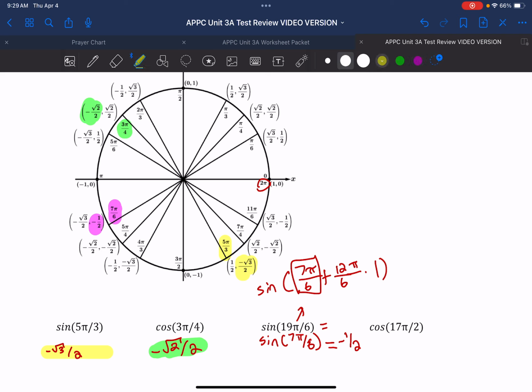Let me change it to yellow as pi over 2. Oh, and I forgot to highlight this one to match. So if I'm looking at this, it's the same thing as cosine of pi over 2, which is the x coordinate there, which is 0.